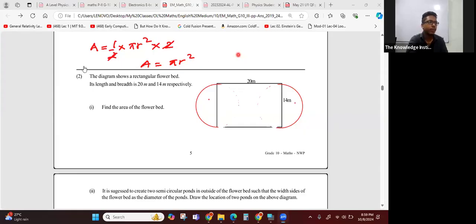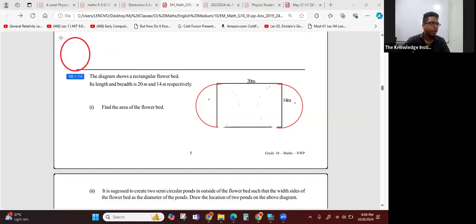Okay, so let me explain again. If we take a circle, the area of a circle is given by the formula A equals pi r squared, pi radius squared.